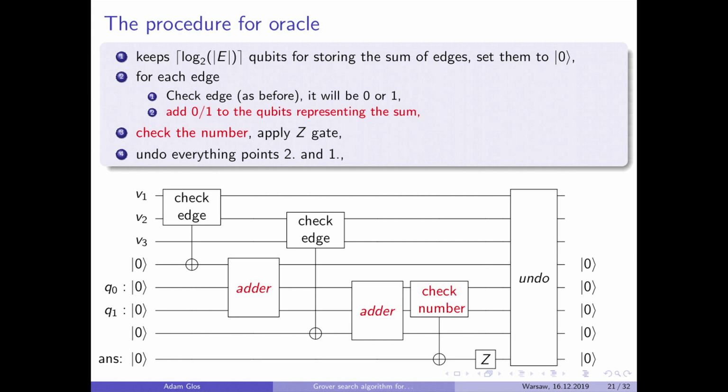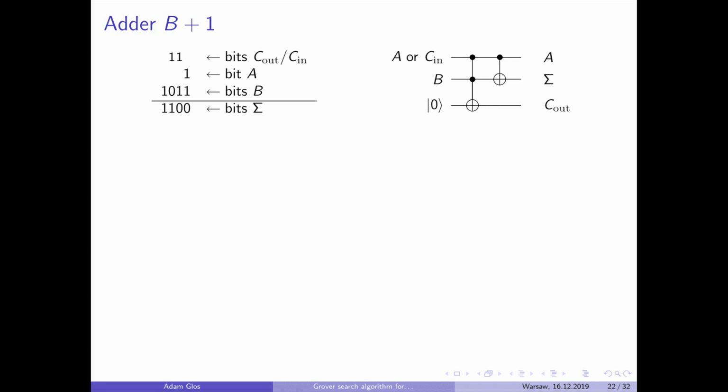Okay, so now what we are missing, because we have already defined the check edge, these are these XOR operators, as I showed before. We just need to design our adder and design our gate for checking the number. So let's start with adding.